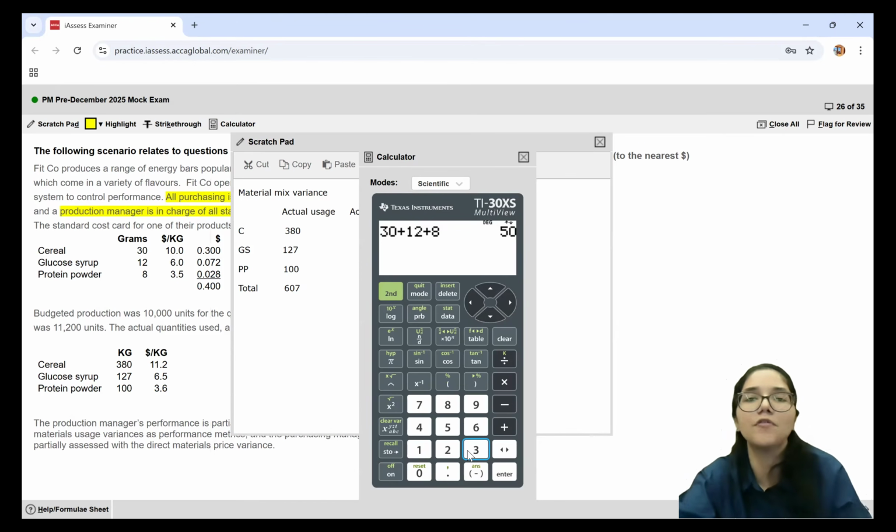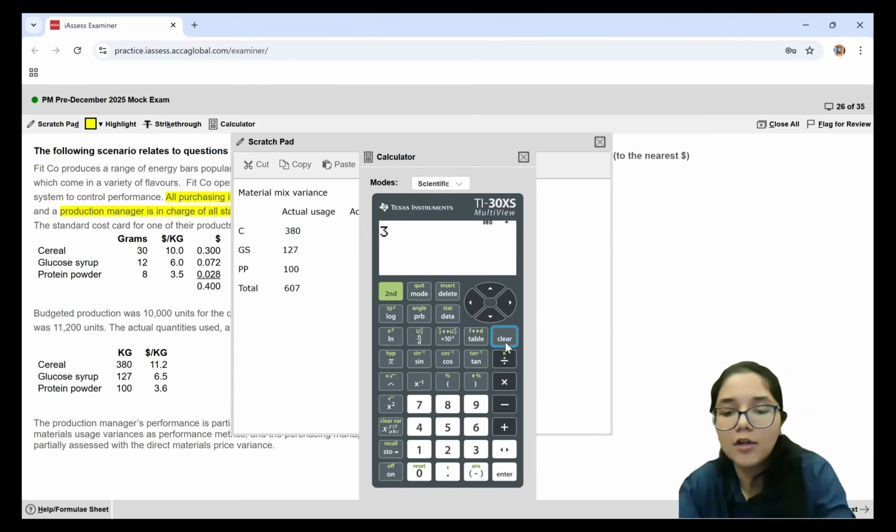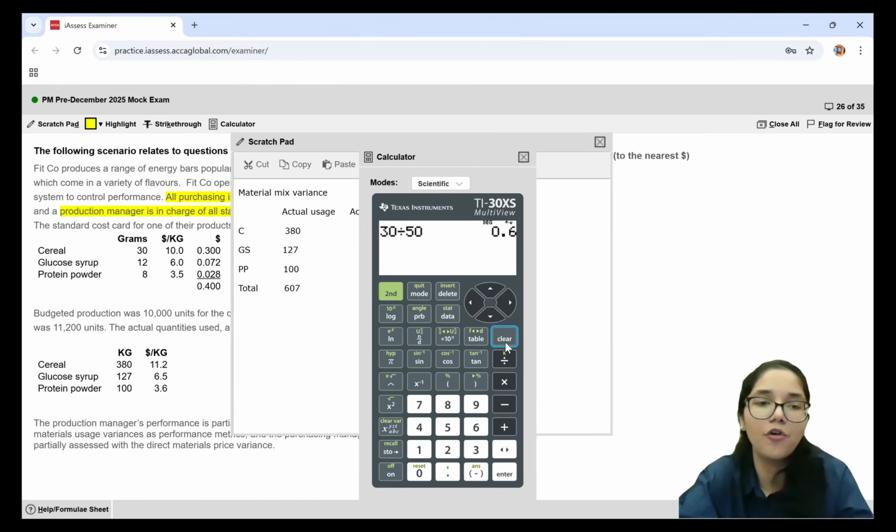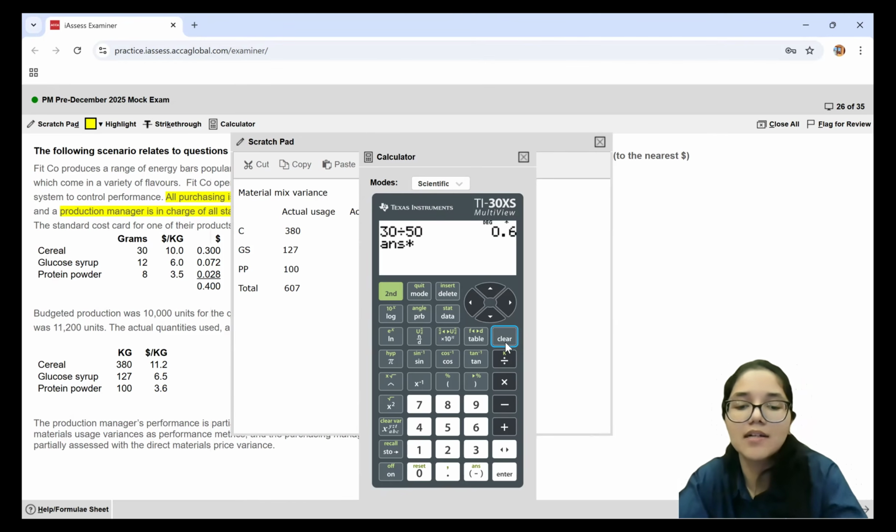That means out of a total of 50 proportions, 30 has to be cereal. So 30 over 50 is the ratio for your cereal, and out of 607 kgs, it should have been 364.2. I'll note this down over here. It should have been 364.2.